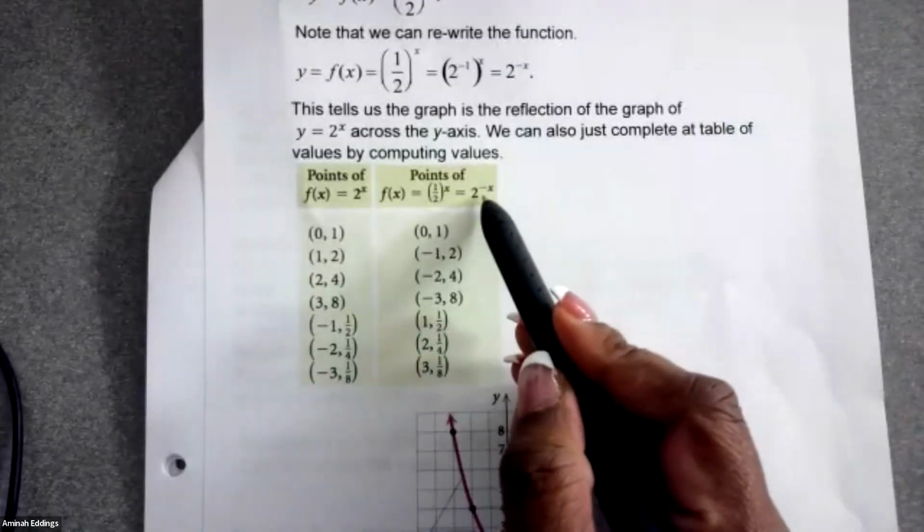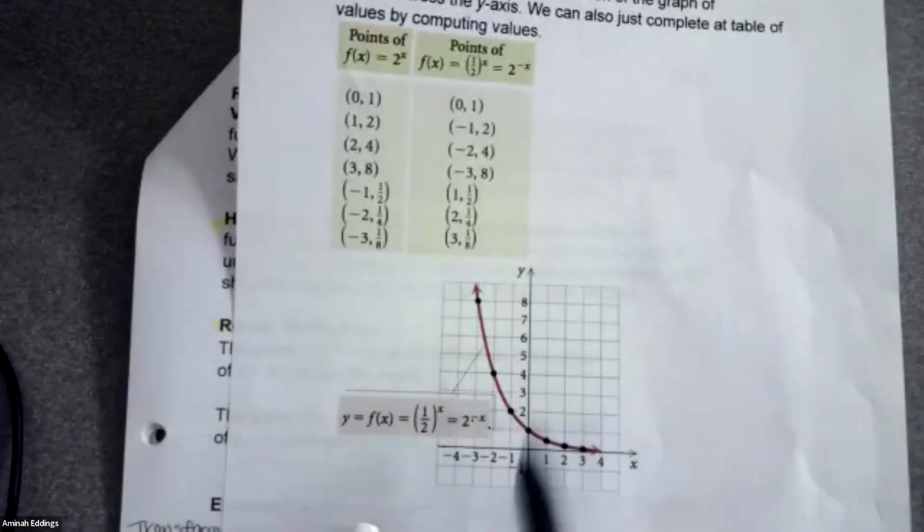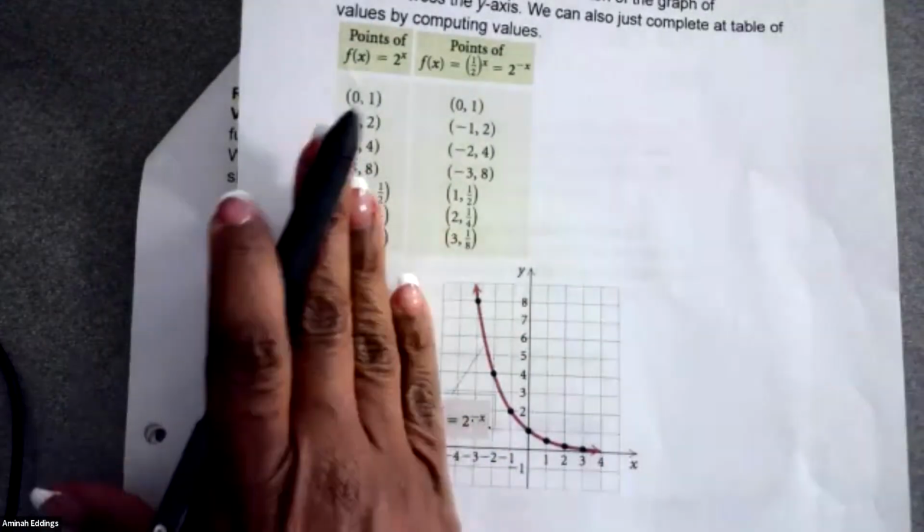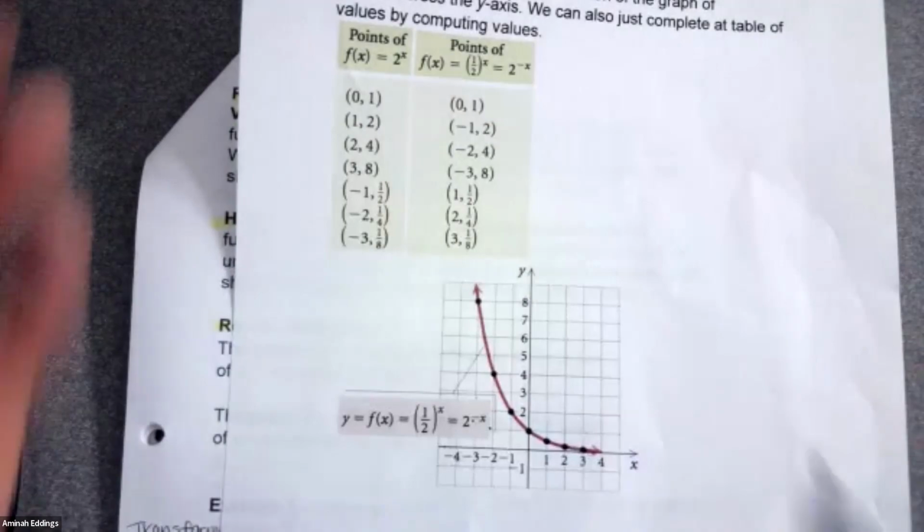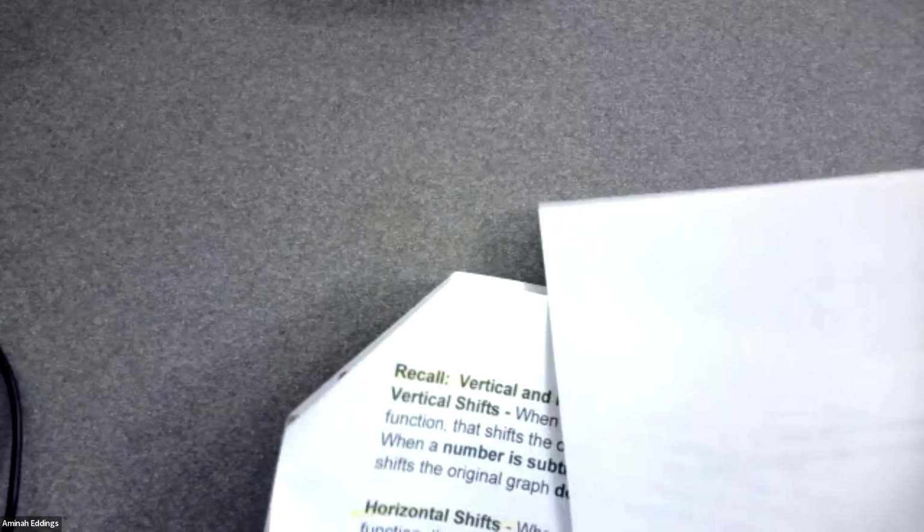Right here, because this was a negative inside the function. And so it reflected, remember it started this way, and then it reflected about the y-axis because of that negative number. Okay. All right, so let's talk about graphing.